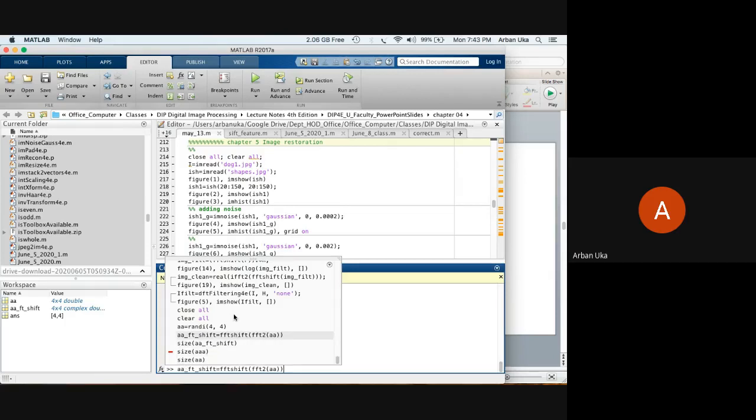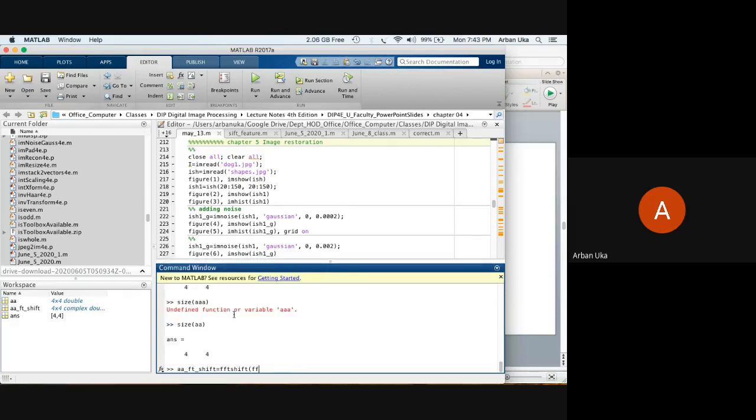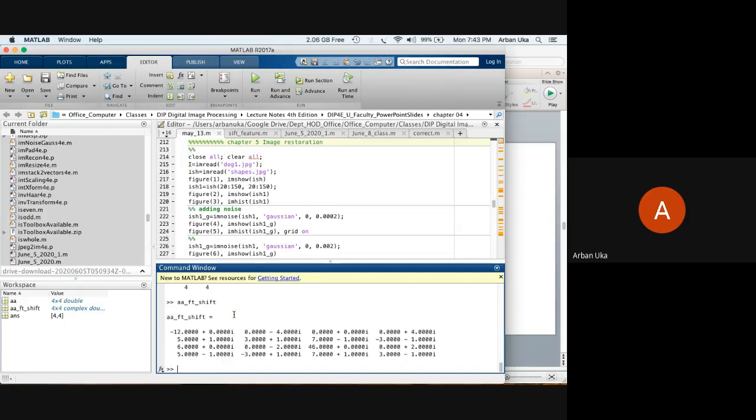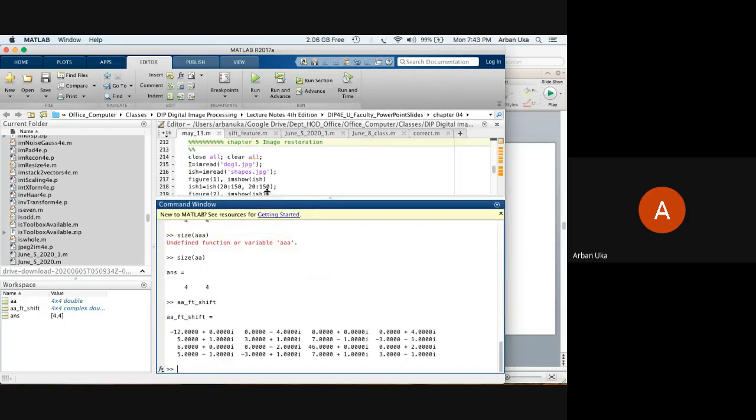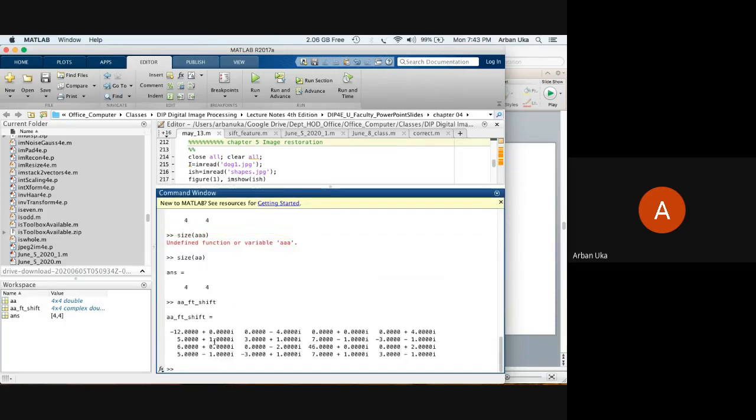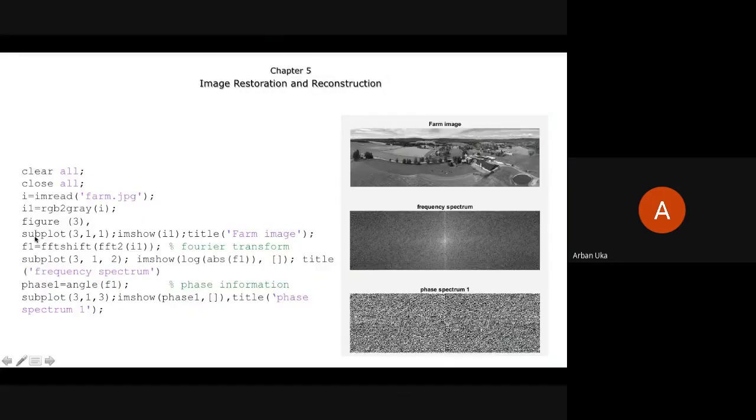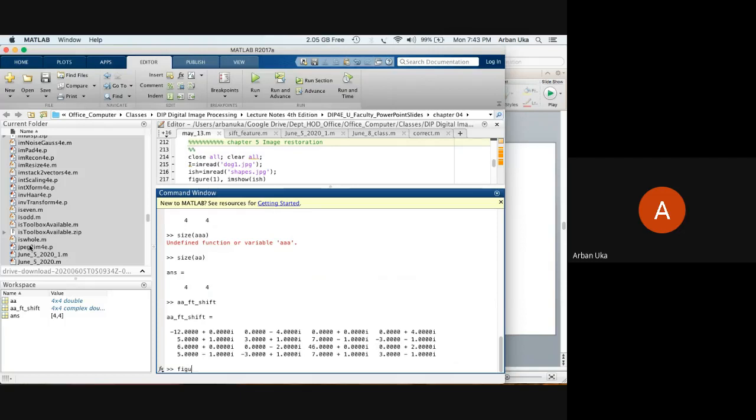But then let's have a look again at what this data was. So this is what it is, which is equivalent to what the F1 is given here. And if we plot the absolute value and the logarithm, we can do the following. We will not see anything. Figure 11.